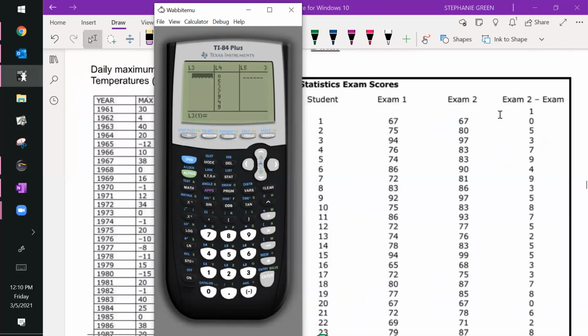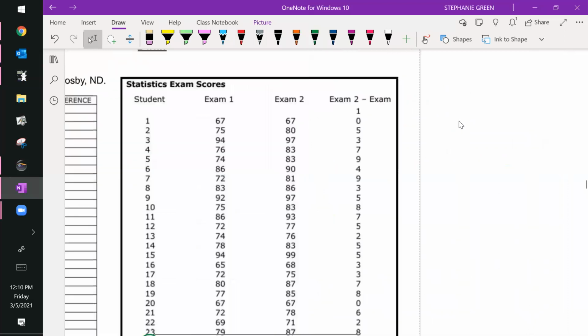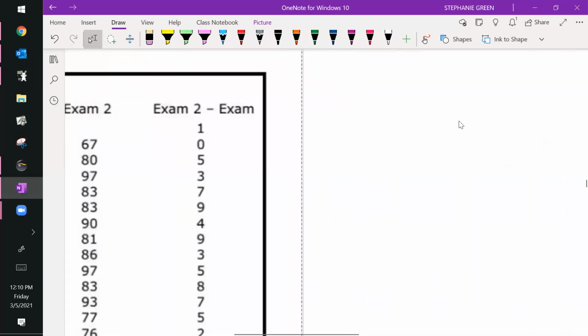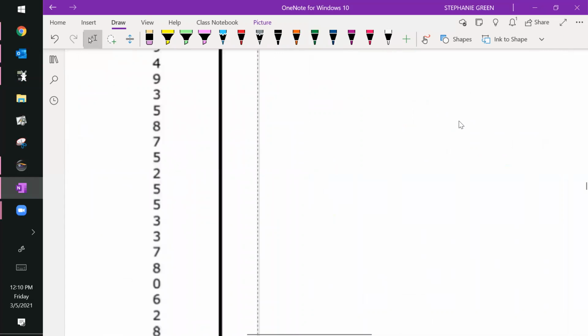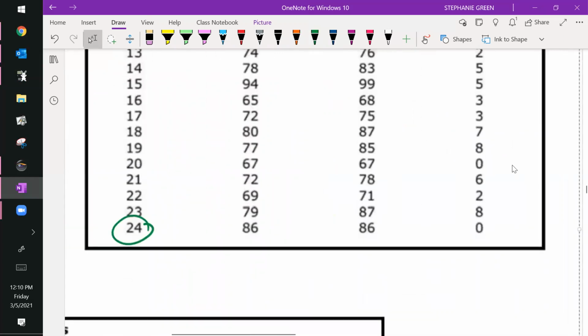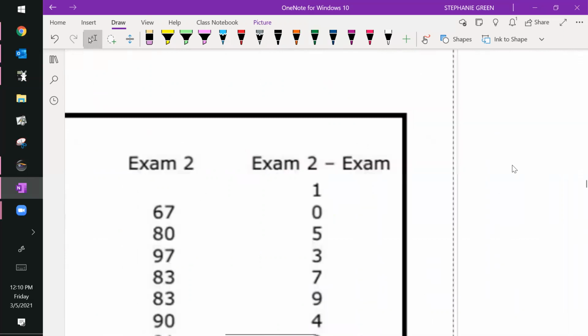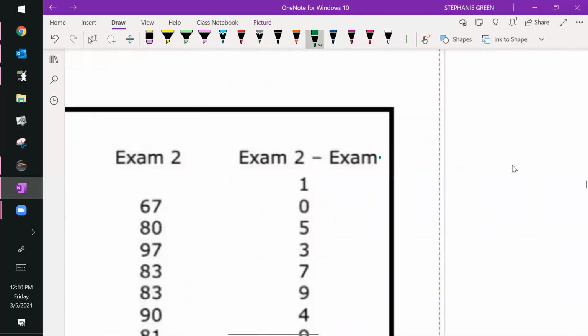One thing I wanted to note, I put all my data into my lists. I put this column, exam 2 minus exam 1, into my lists, knowing that there was supposed to be 24 pieces of data, and I ended up with 25. The reason I ended up with 25 is because this one here is part of the title, the category.